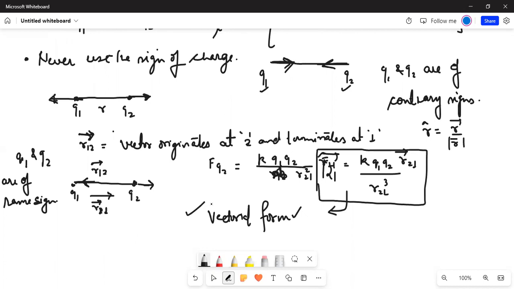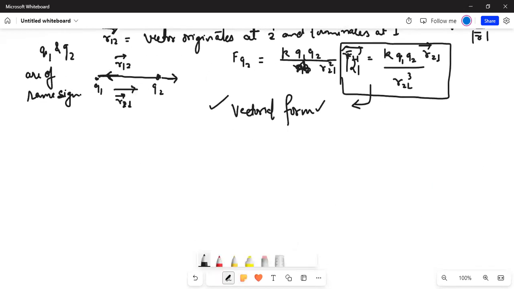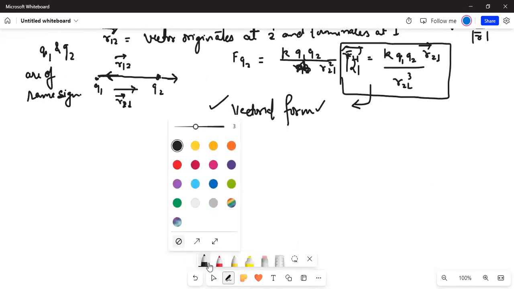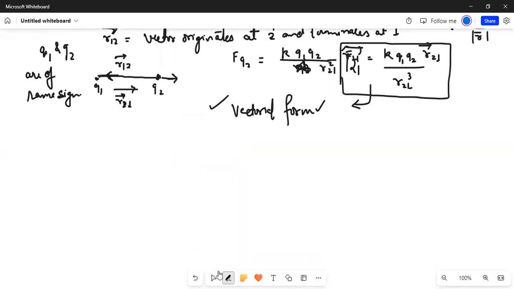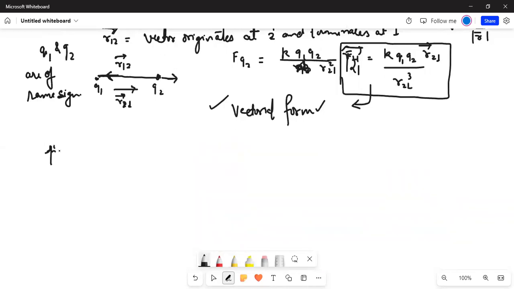Is that clear? Another one of the most important experimental behaviors with regards to the forces between the charges is called the principle of superposition.